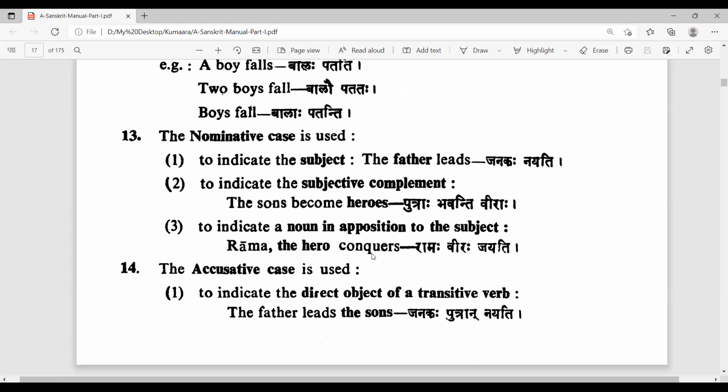Samanadhikaranyam is there. Ramaha, Rama, the hero. Rama, who is a hero, conquers. So, kaha jayati, Ramaha jayati. And Rama is a hero. So, this is also another usage of nominative case, prathama vibhakti. Ramaha, viraha.